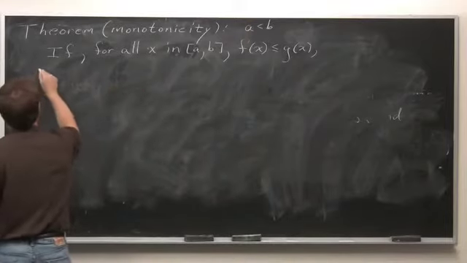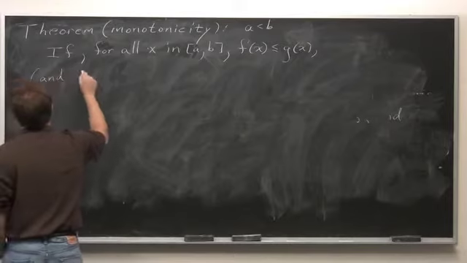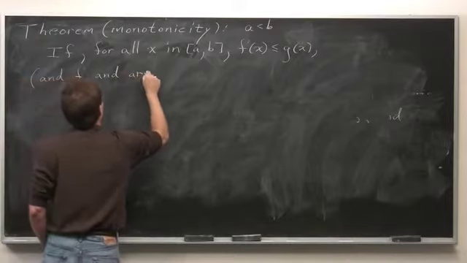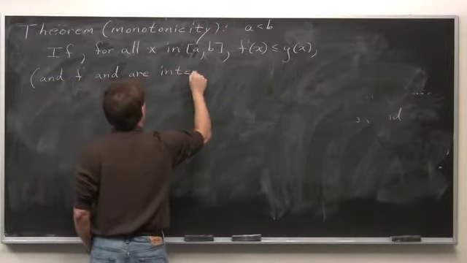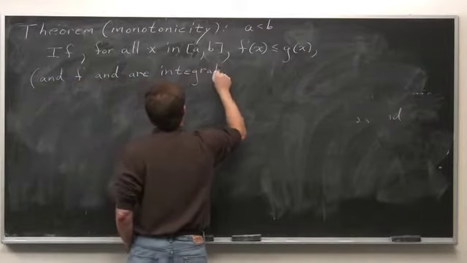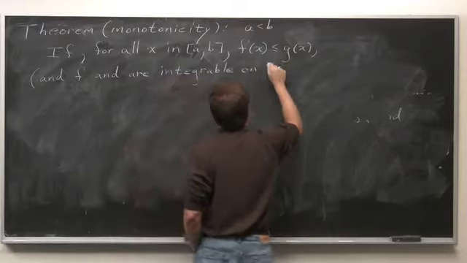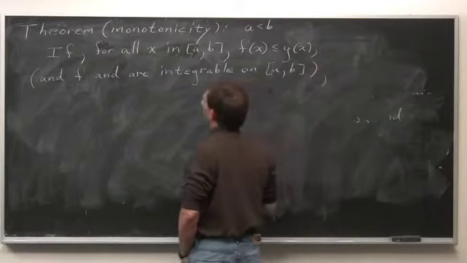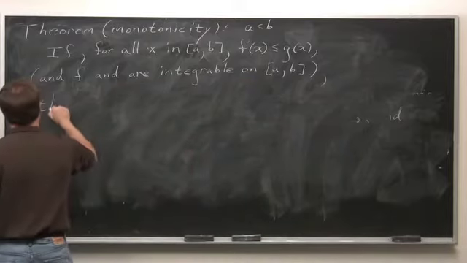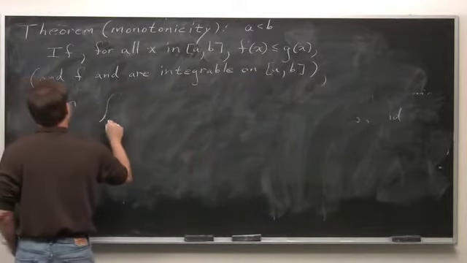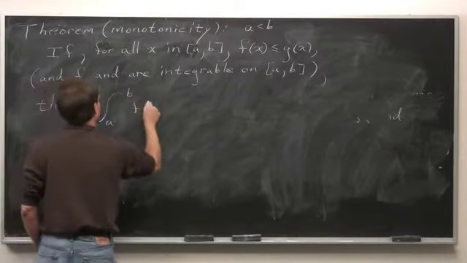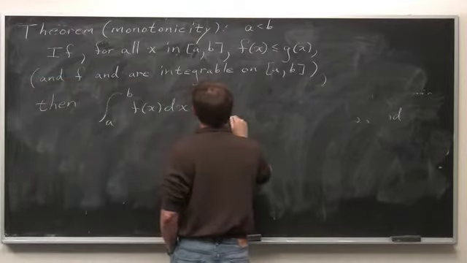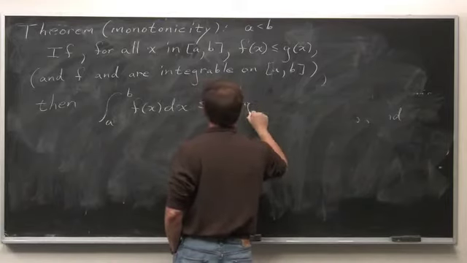and once again f and g are integrable on AB, then the integral from a to b of f of x dx is less than or equal to the integral from a to b of g of x dx.